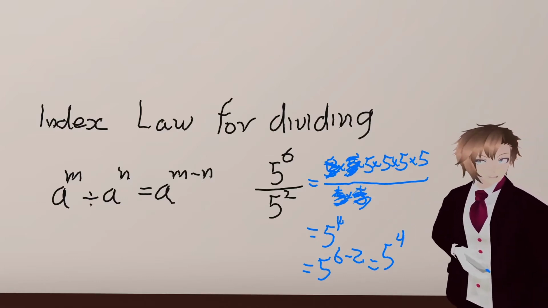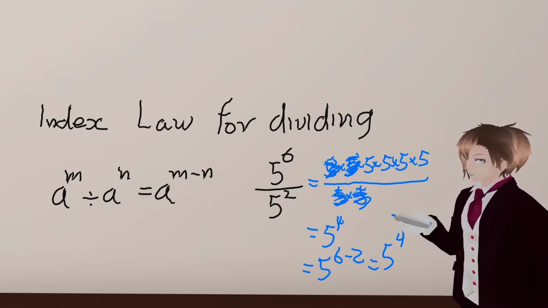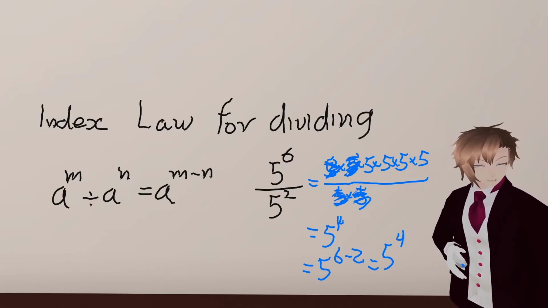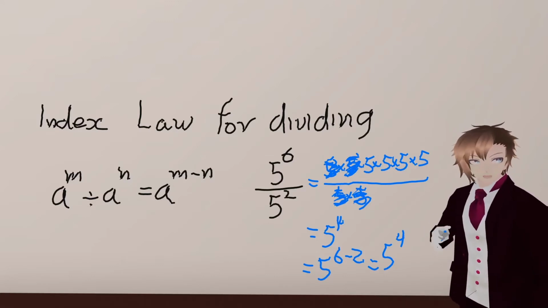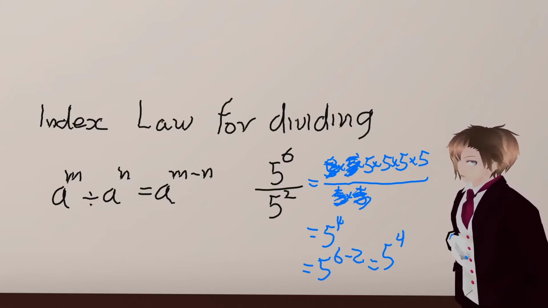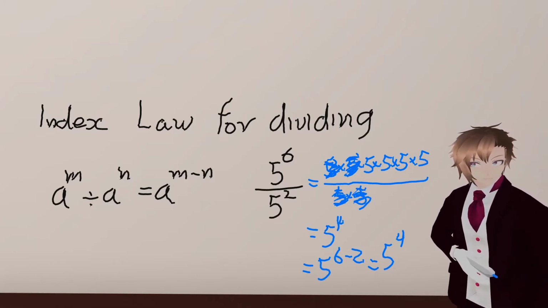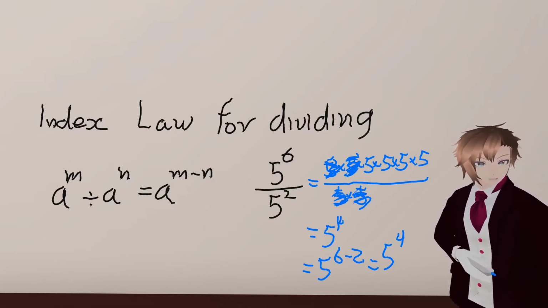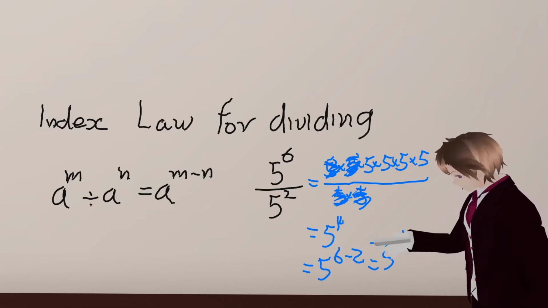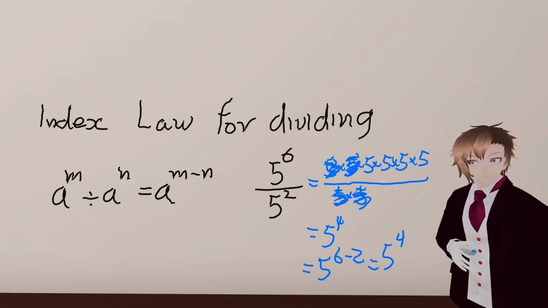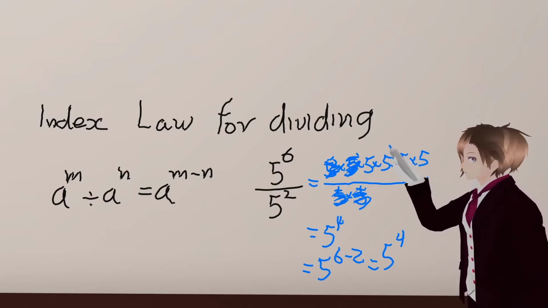And that's what our index law over there says. It says whenever we have any number to the power of something divided by the same number to the power of something, we just take away the second power from the first power, which is what we did here. So this is one of the index laws, and it relates to dividing.